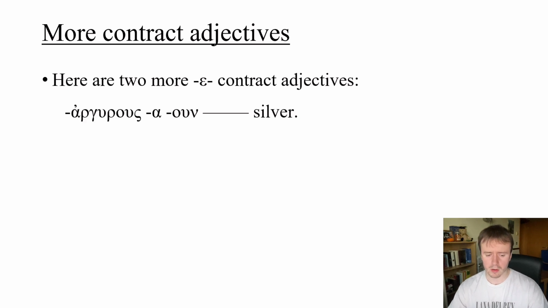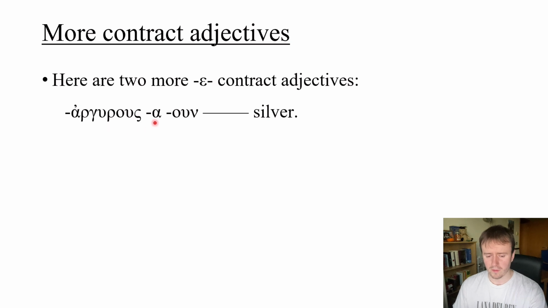Firstly, we have arguros, meaning silver, as in made of silver. There's something weird here, ladies and gentlemen. Namely, in the feminine singular forms, we have alpha rather than eta. Now, this is in reality argureos. This is an epsilon contract adjective.